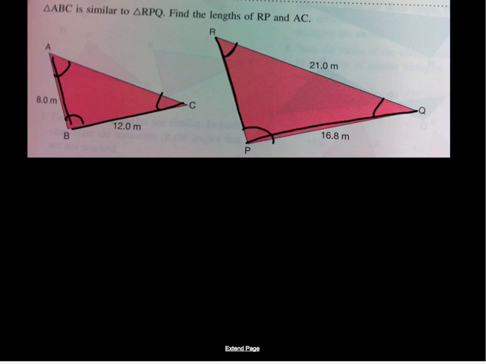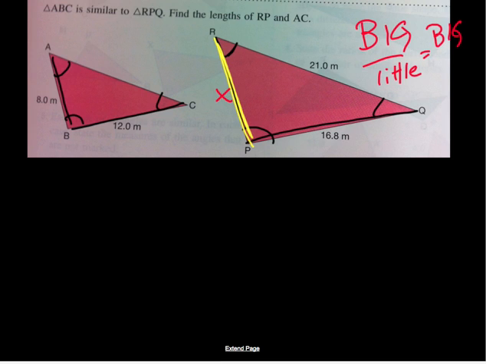Now, if I'm trying to solve, say, R to P to begin with, R to P is this length right here. So I'm going to mark it as X. And I'm going to go big over little equals big over little. That refers to the corresponding sides of each triangle. So I'm going to find the big triangle, and I'm going to find corresponding sides that work.